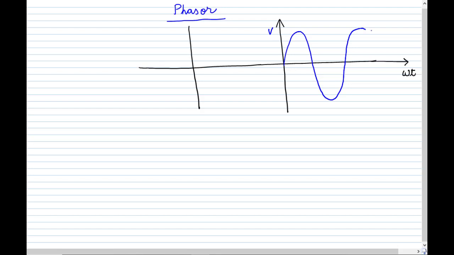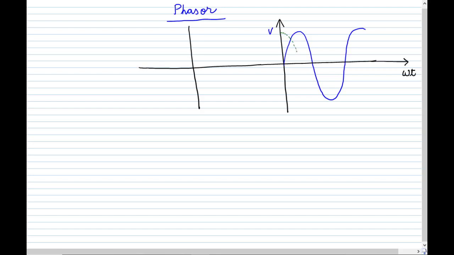So with the blue color we are showing the voltage, and now we want to draw the current. So current is pi by 2 ahead. So go ahead in voltage pi by 2, it is 0 and it is pi by 2. So the current is pi by 2 ahead, that means the current will not start from 0, it will start from maximum. So that is how you can make it pi by 2 ahead.